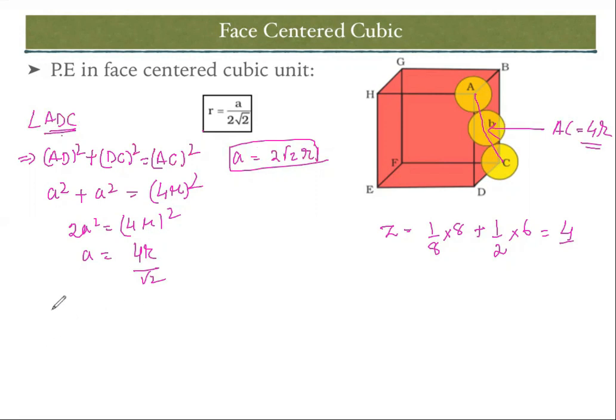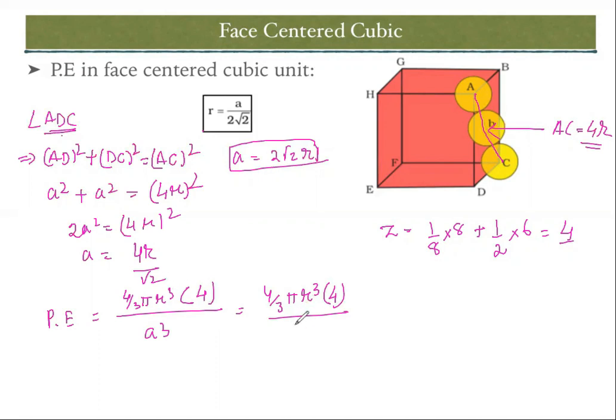Now let us calculate the packing efficiency. Packing efficiency is the volume occupied by the spheres. One sphere volume is 4/3 πr³, total number of atoms is 4, divided by a³. So 4/3 πr³ into 4 divided by a, which is (4r/√2)³. If you solve this, you will get 0.74.